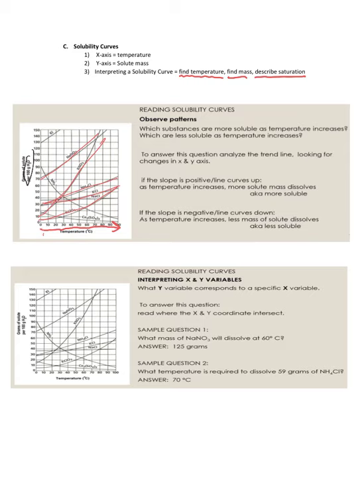One's only slightly up. Here's one up here. So most of them are going up. Right here it says if the slope is positive, the line curves up. That means as temperature increases, more solute or mass dissolves, aka it's more soluble.